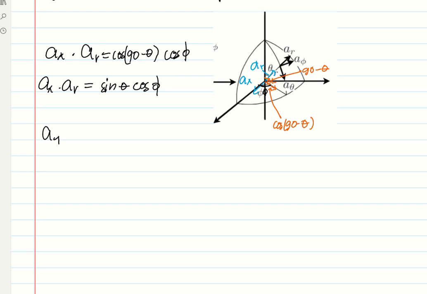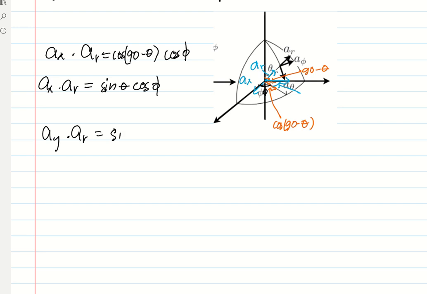For ay dot ar, our ay again is somewhere here. So instead of going in this phi direction, this should be our angle instead of cosine of phi. So it's still the same. This is sine theta. That's the projection of ar in the xy plane.